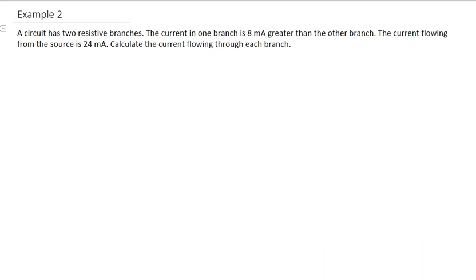So we need to set up our two equations because we have two unknowns, since we're solving for the current in each branch. We know that the current in one branch is 8 milliamps greater than the other. So we can set that up by saying B1, branch 1, is equal to branch 2 plus 8.